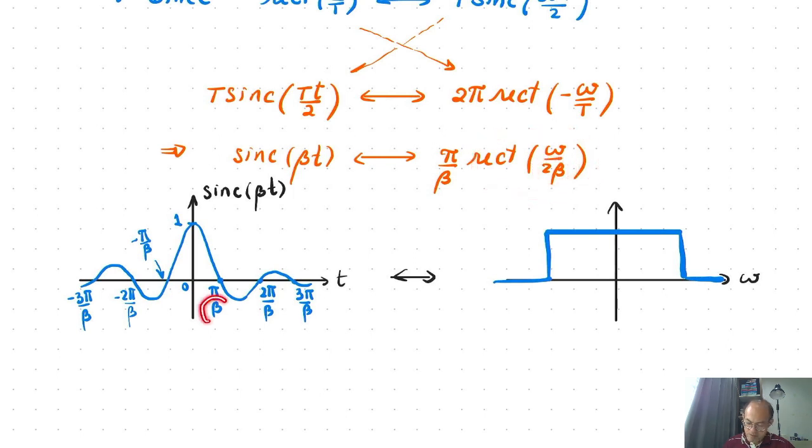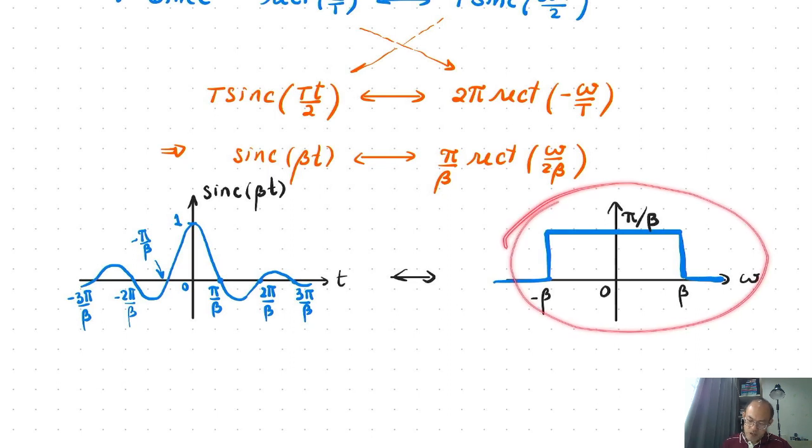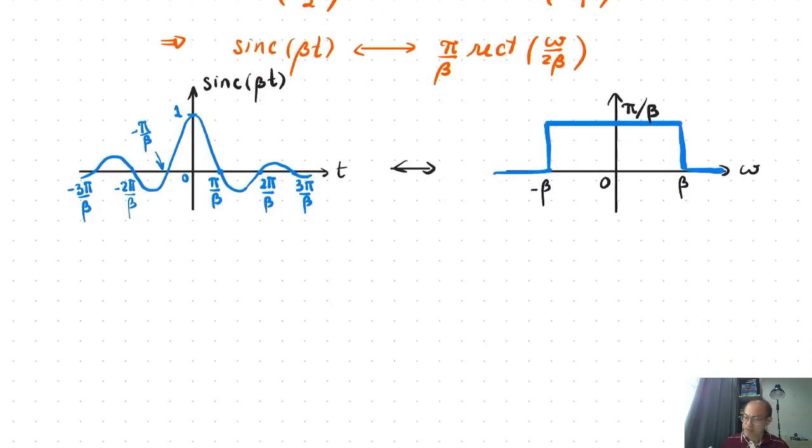So the parameter is beta here and minus beta here, because the width is 2 beta. It is beta here and minus beta here, 0 here, and the height is pi over beta. So this is the spectrum of the sinc signal. Notice this is in the frequency domain.